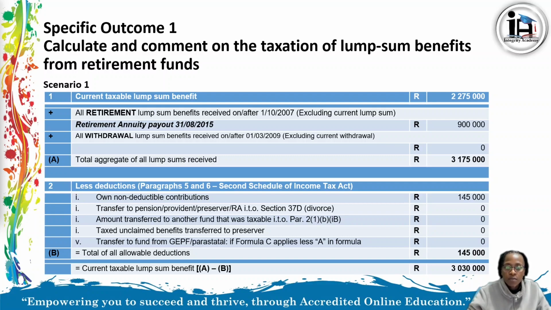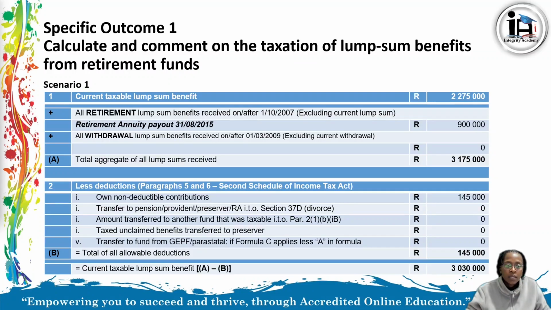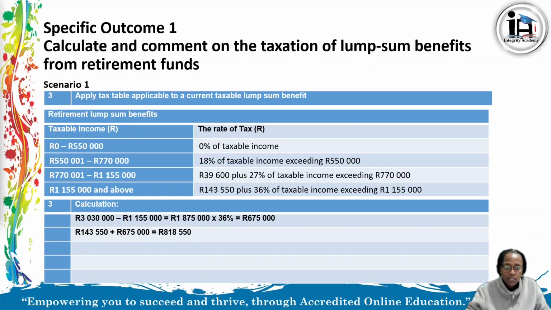Transfer to fund from GEPF parastatal, if formula C applies, less A in formula, it's also 0. And this brings our total of all allowable deductions to 145,000. Therefore, our current taxable lump sum benefit, which is A minus B, is 3,030,000.